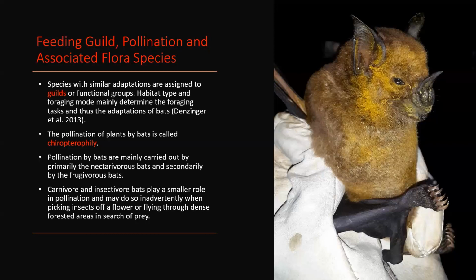Pollination by bats is mainly carried out by the nectarivorous bats and secondarily by the frugivorous bats. Carnivorous bats and insectivorous bats also play a smaller role in pollination and may do so inadvertently when picking insects off a flower or flying through dense forested areas in search of prey.